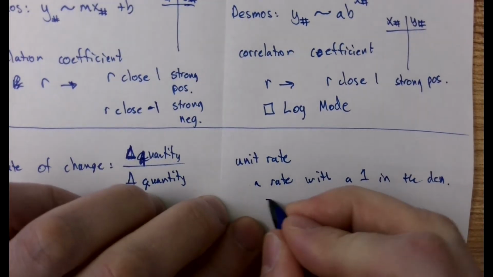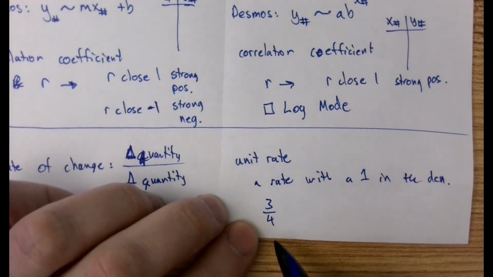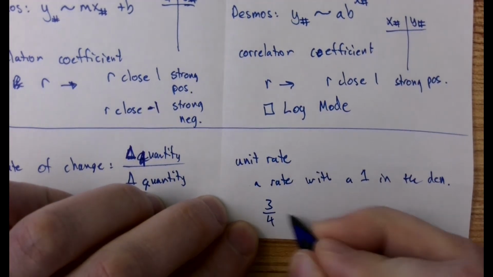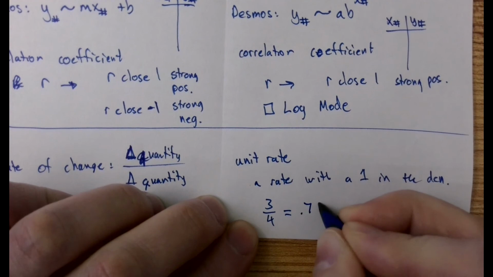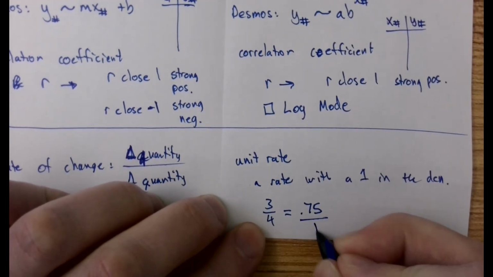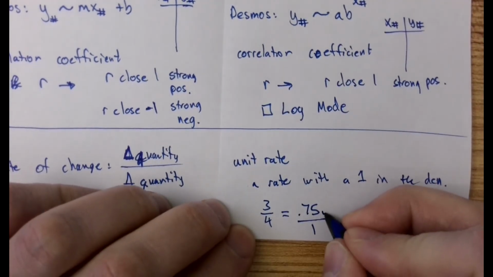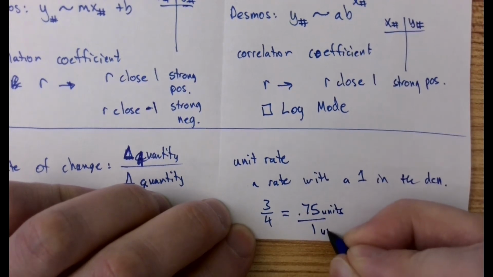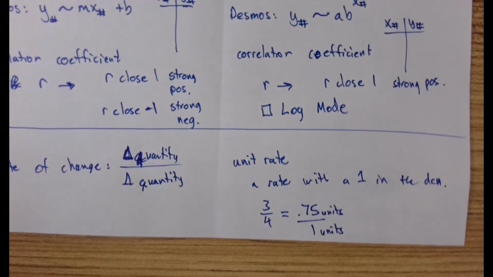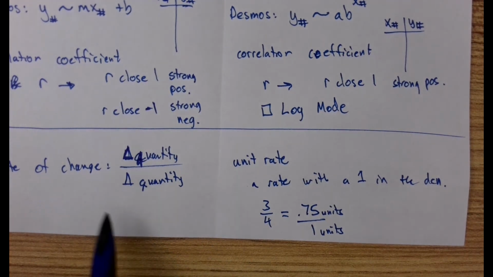For example, if our rate was 3 to 4, I would divide 4 into 3, and that's equal to 0.75. So it'd be 0.75 over 1. So 0.75 units over 1 unit. It's a handy way to be able to compare things directly. And then in this section, we use dimensional analysis to convert rates into other different rates.